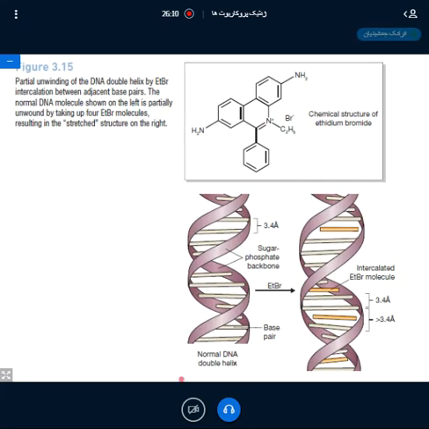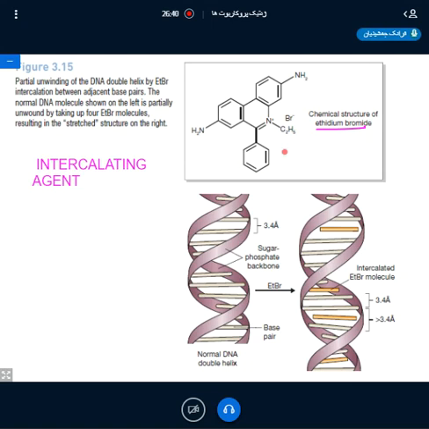If we add some ethidium bromide, do you know ethidium bromide? Ethidium bromide is an intercalating agent. What does it mean?